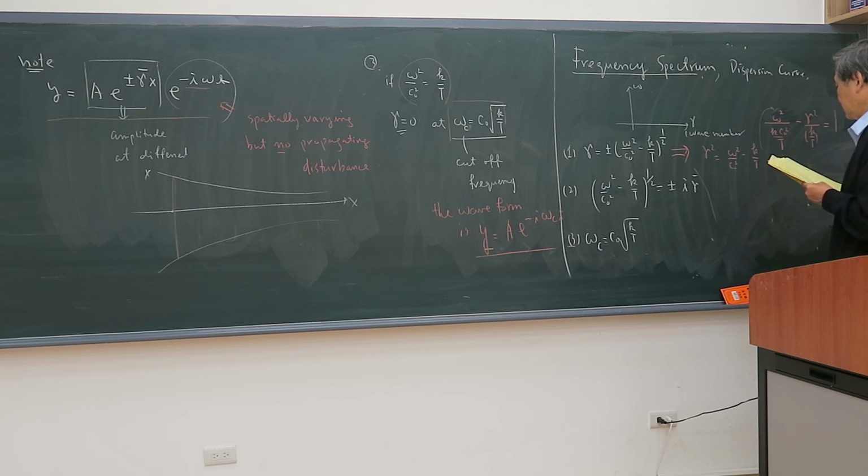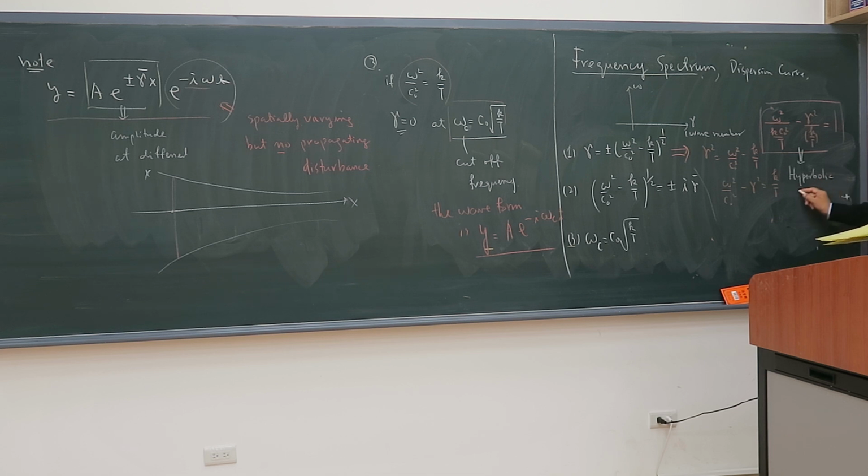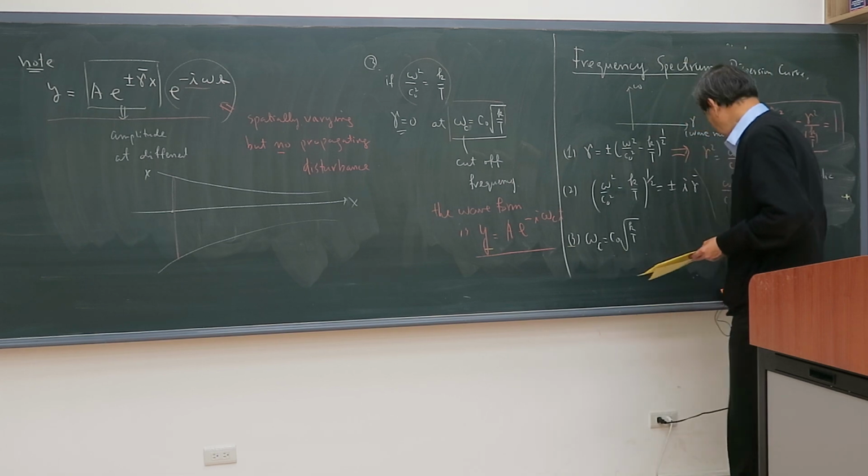So omega square over c0 square minus gamma square equal to k over t. Divide both sides and you can get this equation. What is this equation? This is a hyperbolic equation, 双曲线, hyperbolic equation.